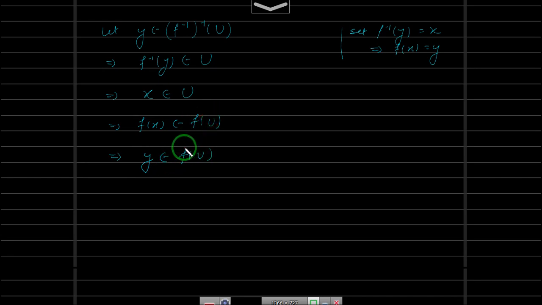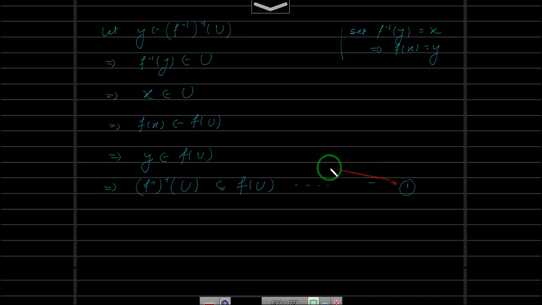Simple notational things, right? So we have taken y in the inverse image of u under f inverse and showed that y belongs to f(u). This implies the inverse image of u under f inverse will be contained inside f(u). Let's mark this as equation 1.